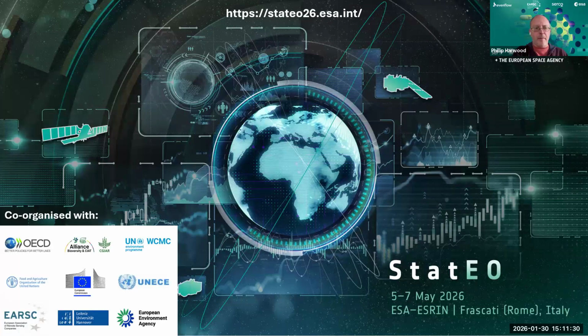Now, one other thing, we mentioned this in the very first of this webinar series, is that there is this upcoming Statio event on the 5th and 7th of May 2026. This really is intended as bringing together the Earth observation and statistical communities on a very equal basis, each side setting the agenda, topics it wants to discuss.